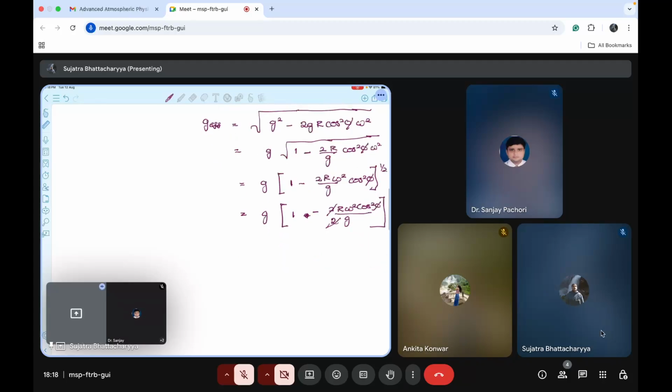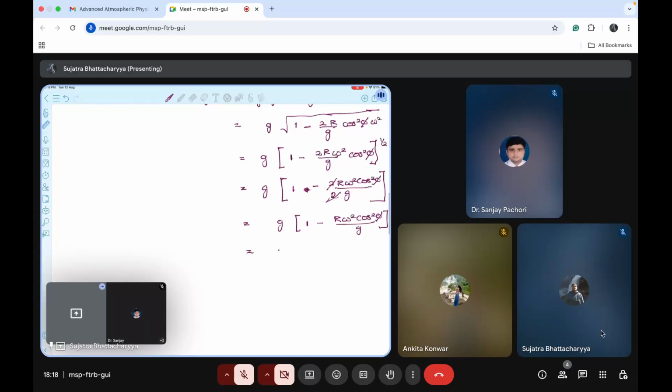The 2 cancels. Finally, you get g into 1 minus r omega square cos square phi divided by g. Now you just multiply it to get g minus r omega square cos square phi. That's all. So this is your g effective.